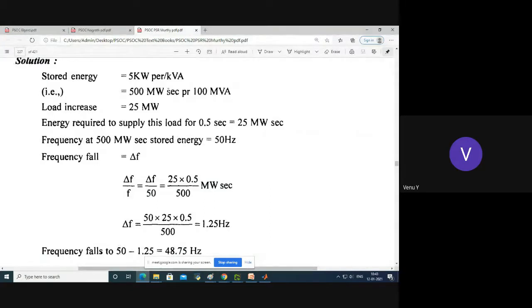Frequency at 500 megawatts per 100 MVA, 50 hertz.